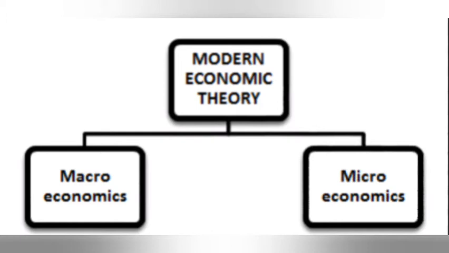We already saw the individual units. You can say that an individual unit is a firm or an industry, and you can also say a household, right? So what determines the behavior of the same in the economy?